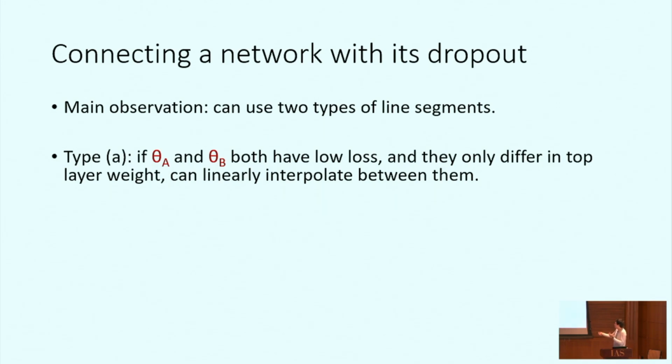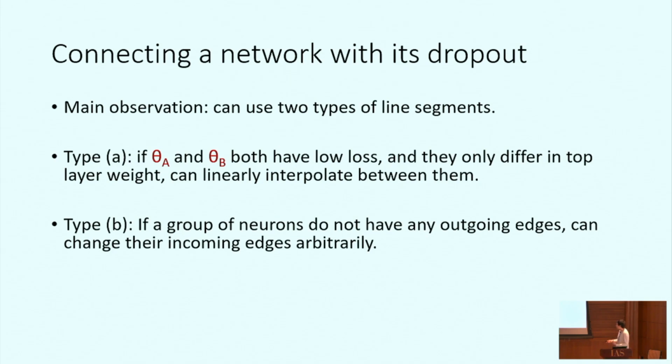But of course, just doing type A moves is not going to be enough, because the two initial parameters are not going to be the same in all the bottom layers. To solve that problem, we say that if a group of neurons do not have any outgoing edges, if they are not connected to the output, then these are essentially dead neurons. They are not very useful. But because they are not contributing to the output, we can rewire their incoming edges arbitrarily, and that does not change anything.